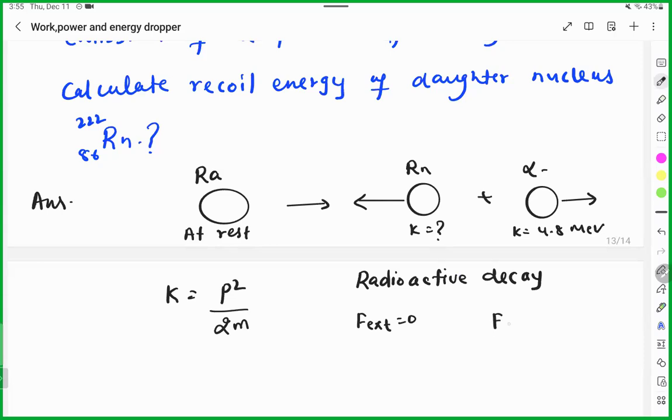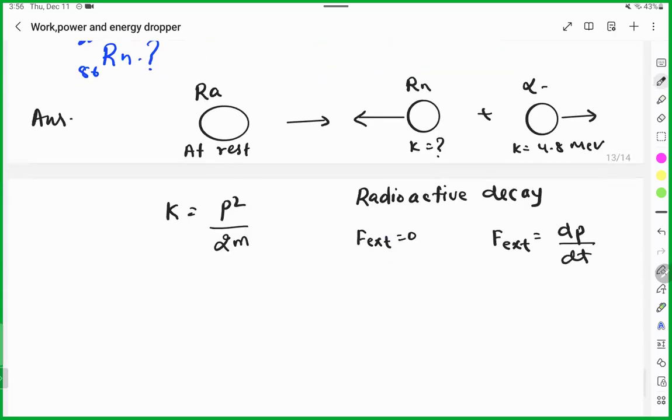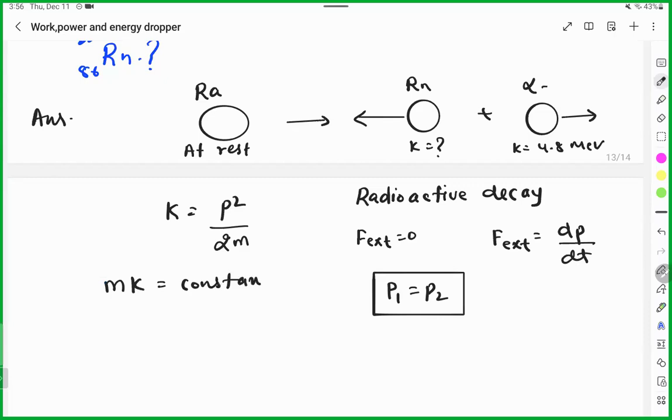F external is dP by dt, Newton's second law. If external force is 0, then linear momentum remains conserved. It means linear momentum is constant. If linear momentum is constant, can we say 2mK will be constant? Makes sense?